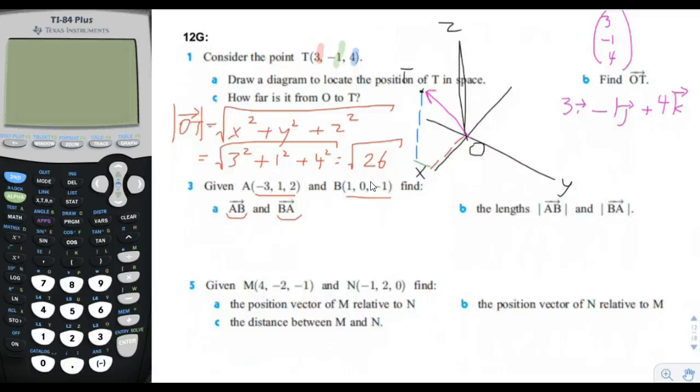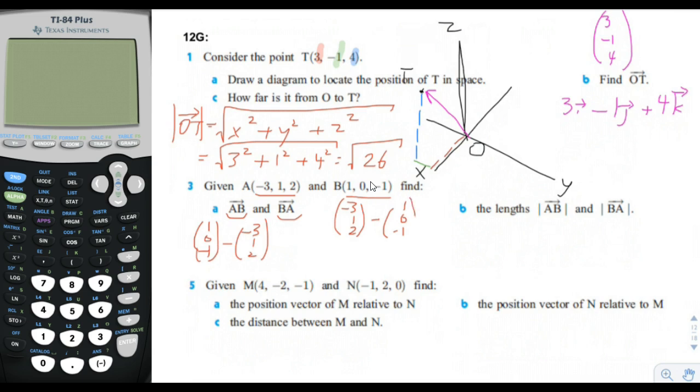We're going to take the vector for B (1, 0, -1) and subtract the vector for A (-3, 1, 2), and that's how we find AB. Now BA is just the opposite direction: we take the A vector (-3, 1, 2) and subtract the B vector (1, 0, -1).